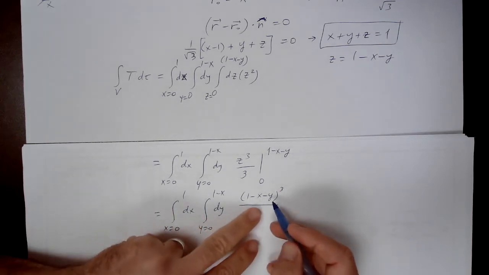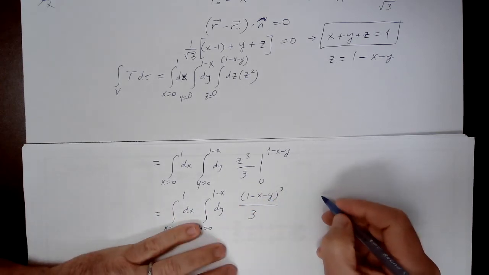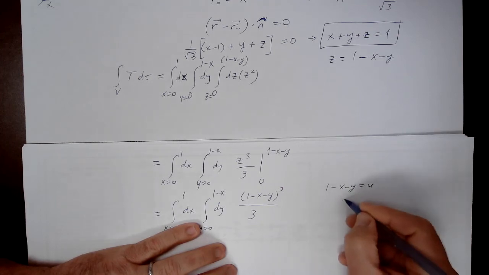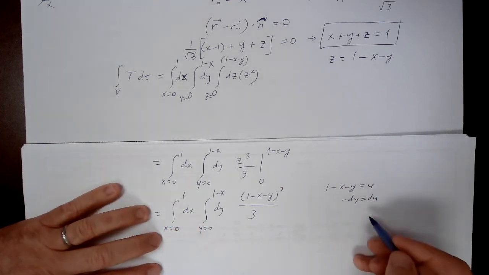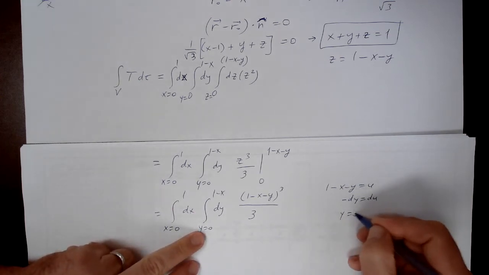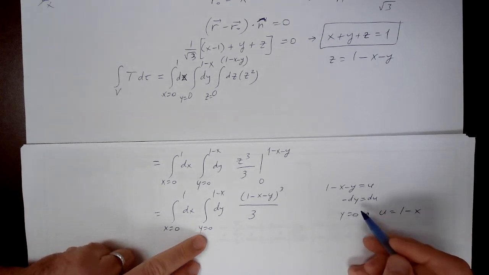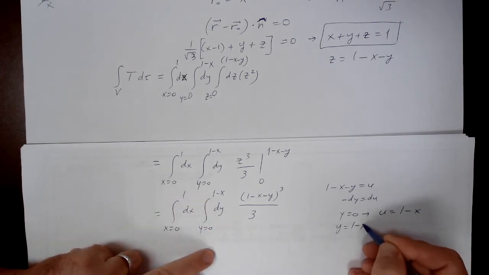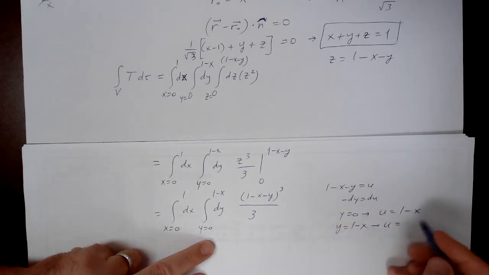To do the y integral, I can do a little substitution here that might make life very easy. So 1 minus x minus y is u, minus dy is du. Integration limits change accordingly. If y equals 0, u becomes 1 minus x. If y equals 1 minus x, u becomes 1 minus x minus (1 minus x), so u becomes 0.